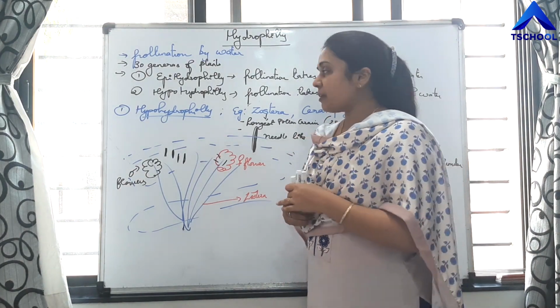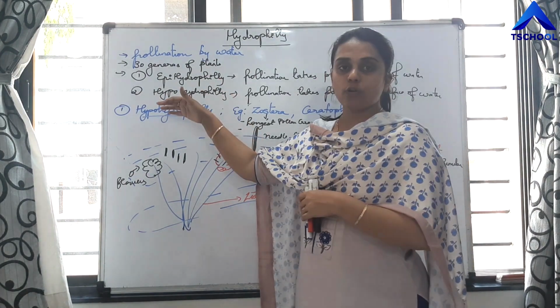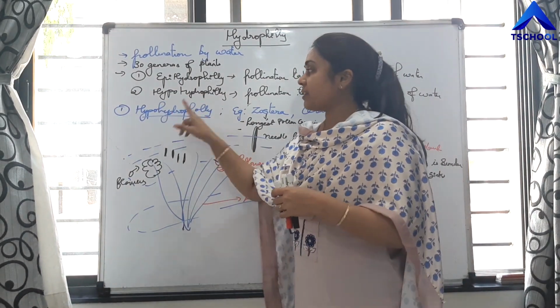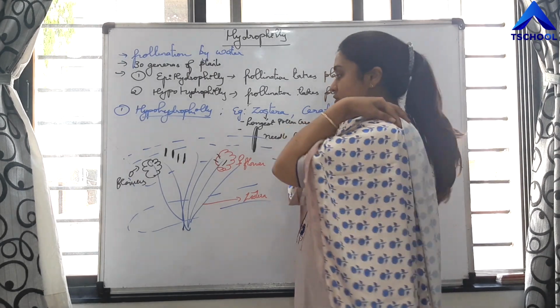Water is helping in the pollination. But where is it occurring? On the surface of water? No, within the water body. That is why it is called hypohydrophily.